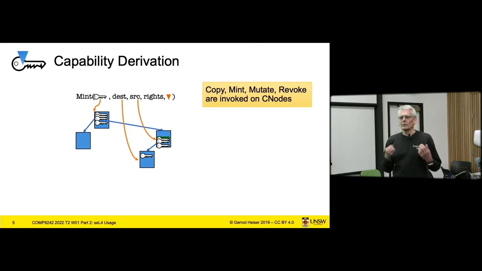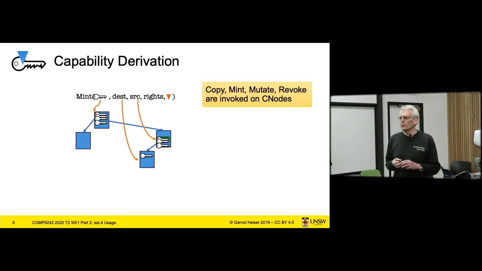Remember, capabilities are pure kernel objects. You don't really get to access them ever directly. So they only live in the C spaces, and so you need to provide a pointer to a C space slot. And this is what this mint operation here shows. So it has a capability which refers to the C space, a destination pointer where the new capability is going to, and the source pointer.